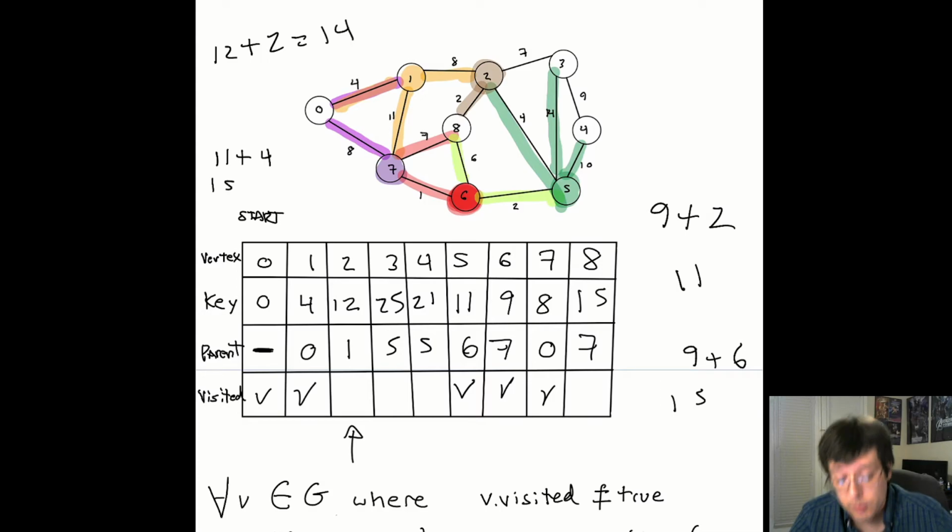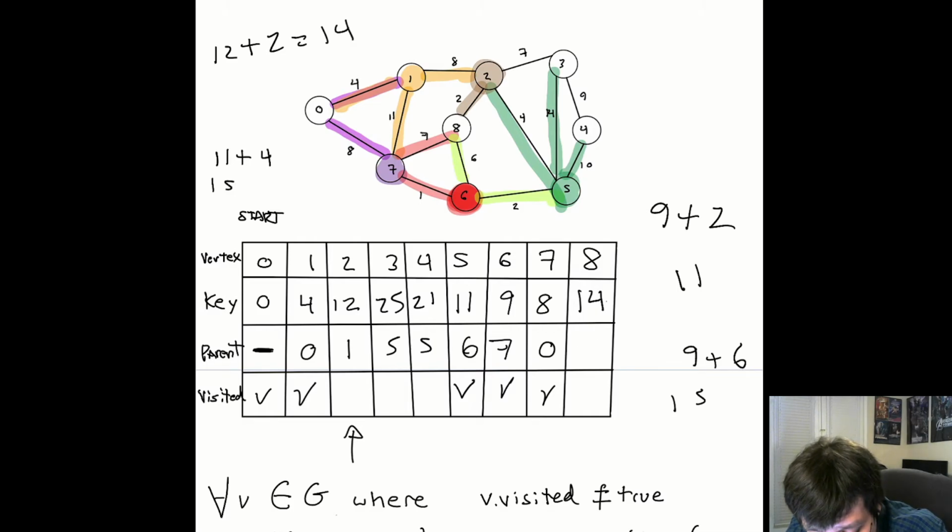We are going to perform relaxation. Bam, we have relaxed that, which means that this is no longer the parent. The parent is going to be what we're looking at here, which is a 2. So we basically found a shorter path by 1, and that path is via vertex 2.